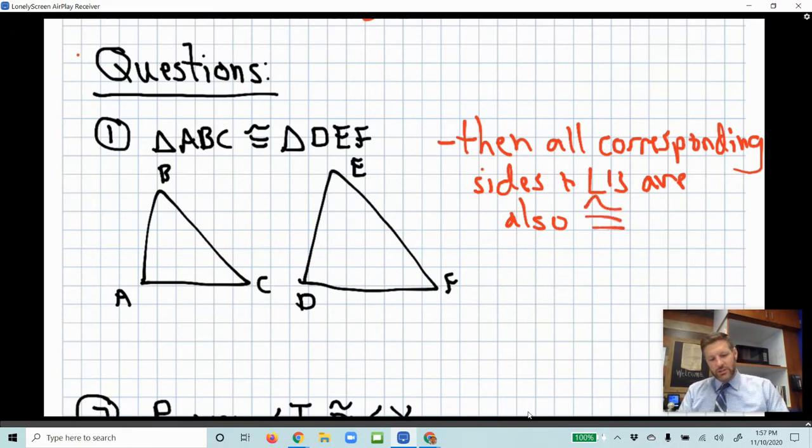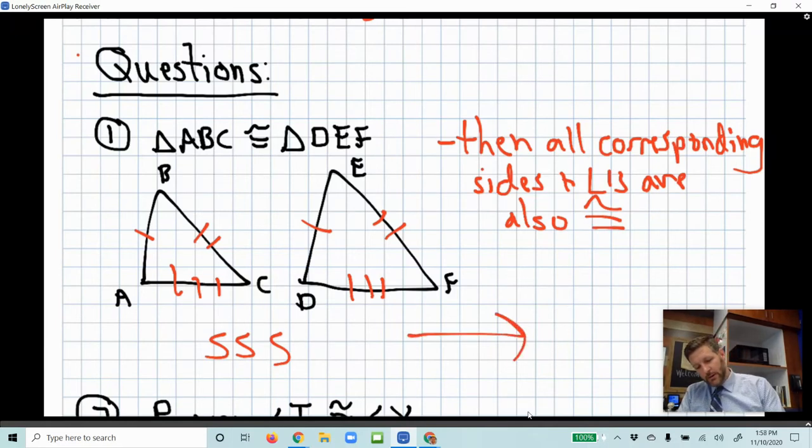Okay, so let me just use a similar example. Say that we proved these were congruent with side, side, side. So I know that 3 of the sides are all congruent, and so I know the triangles are congruent. Well, what else can I conclude from that?